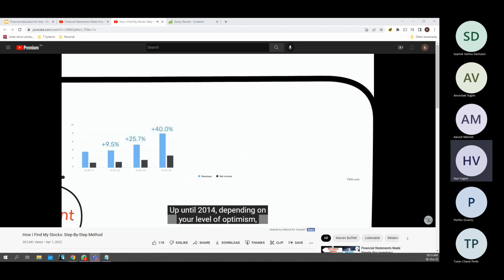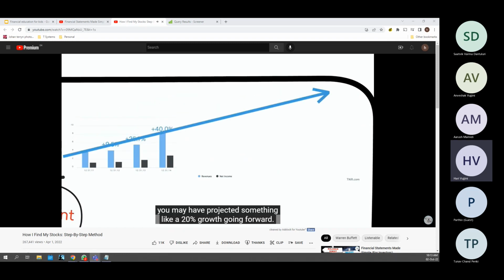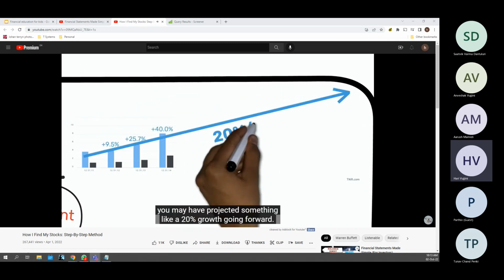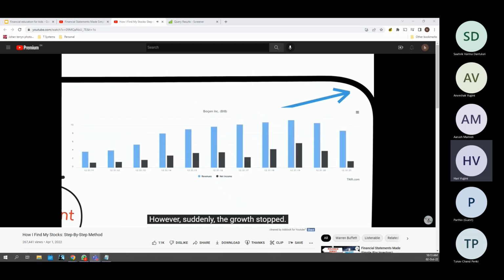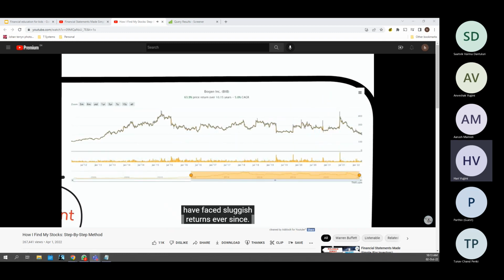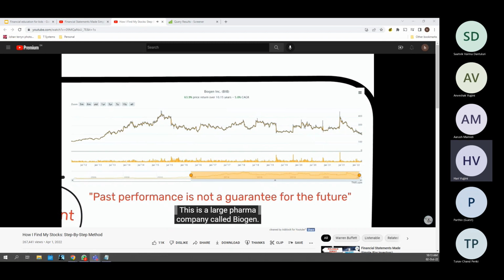Up until 2014, depending on your level of optimism, you may have projected something like 20% growth going forward. However, suddenly that growth stopped, and shareholders who bought at the high price multiples of 2014 and 2015 have faced sluggish returns ever since. This is a large pharma company called Biogen.